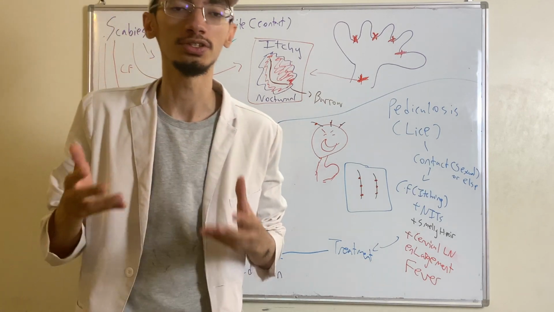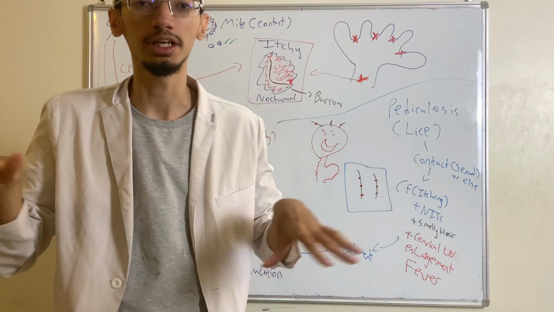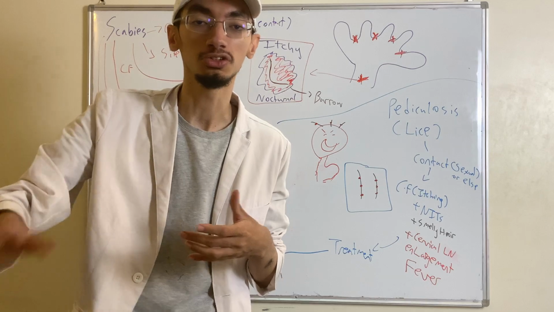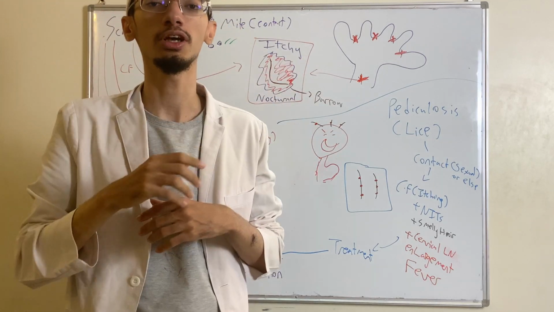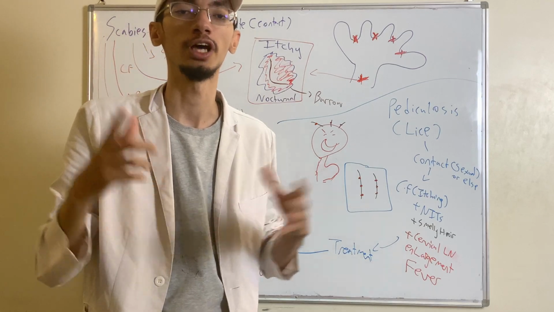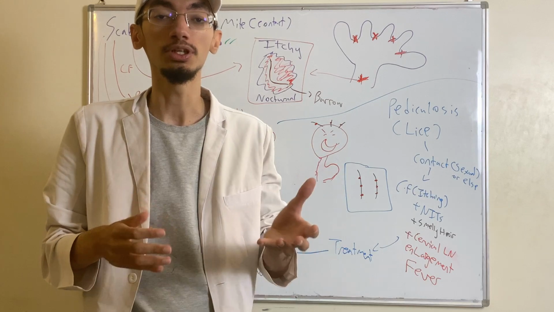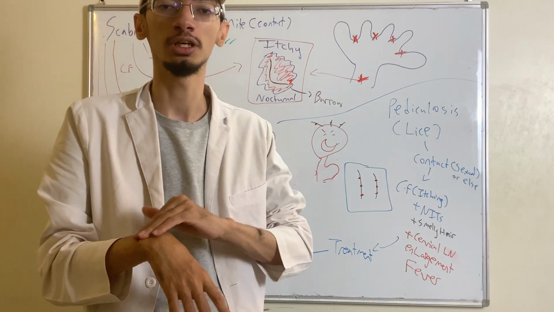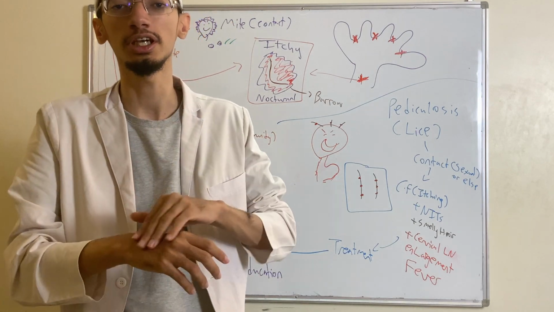Or number two, it could be a case where maybe one of the family members did not get treated for scabies. Maybe you treated the mother and the father, but you didn't treat the brother. So the brother got a case of scabies and then he transmitted it to the other family members. Or number three, maybe you didn't apply the medication correctly, right? Maybe you didn't apply the medication in the correct manner according to the doctor, and that can lead to still the appearance of scabies.